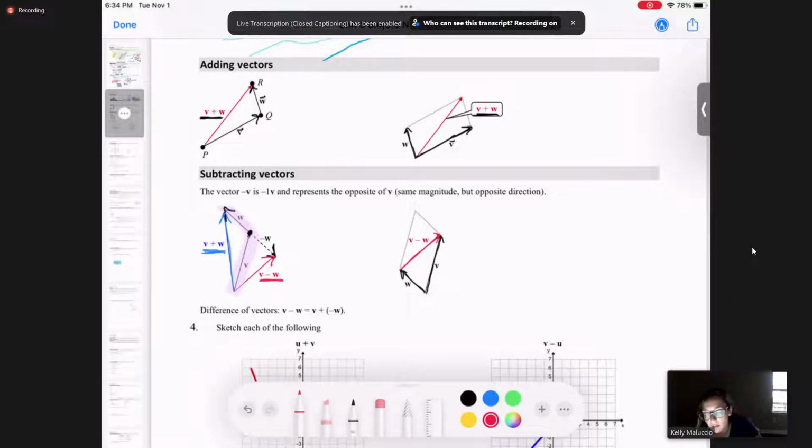And when we subtract this, we notice how if it's V minus W, our starting point is at the end of W, and then we go up to V. But if it was W minus V, the arrow would just be reversed.